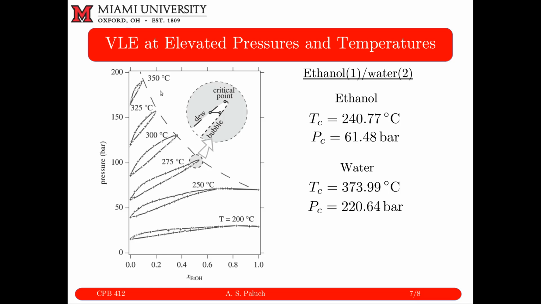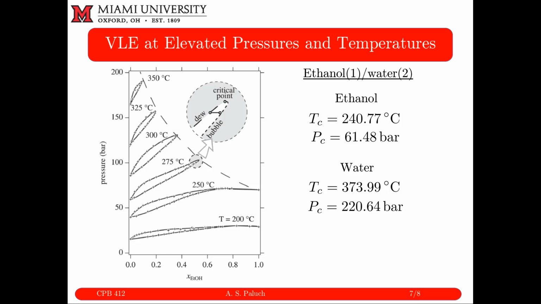Okay, this happens all the way. So this is at 350. If I were to heat this all the way up to the critical temperature of water, then my TXY phase diagram would completely disappear. Right? So as I heat this mixture up beyond the critical temperature of my most volatile component, I'm going to get further and further to the right. And so what's going to happen is the mole fraction of ethanol that I can have in this mixture with water is going to become less and less to keep me at a subcritical mixture temperature.